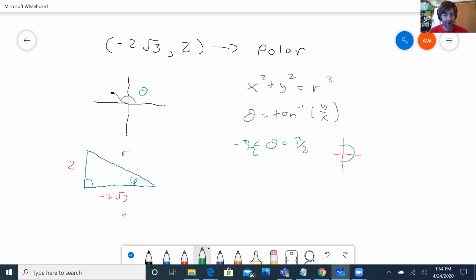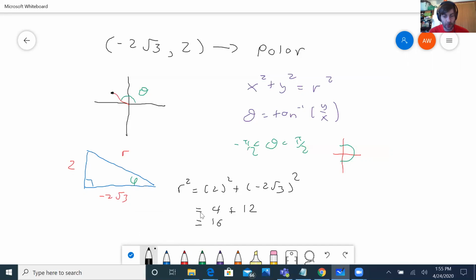All right, so I suppose, just from the Pythagorean theorem, that is 4 plus 4 times 3 is 12, which is 16.